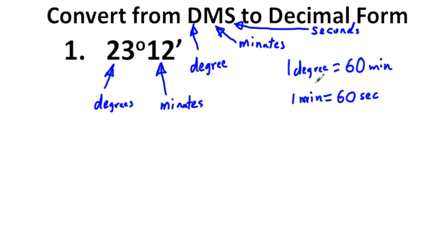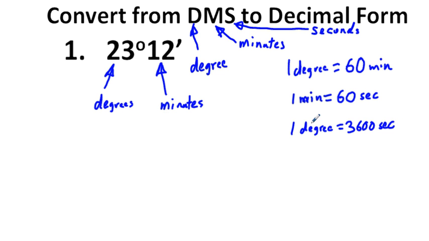If we want to go straight from degrees to seconds, it's just like how many seconds do we have in an hour? Well, 60 seconds times 60 minutes would be 3,600. So 1 degree equals 3,600 seconds.